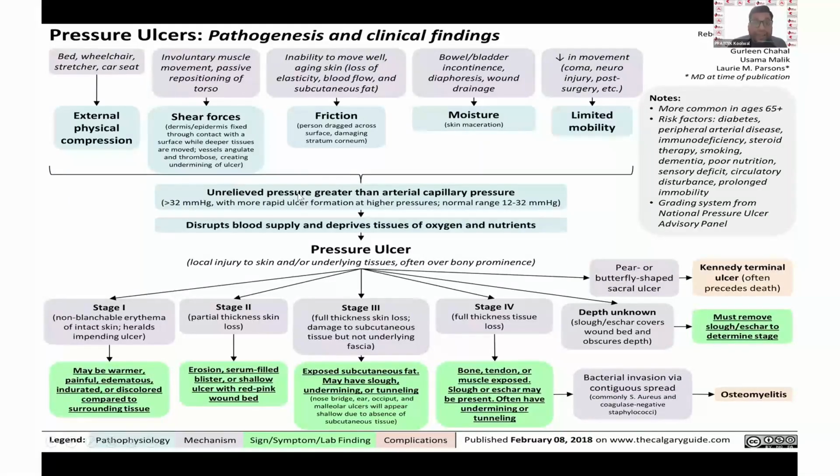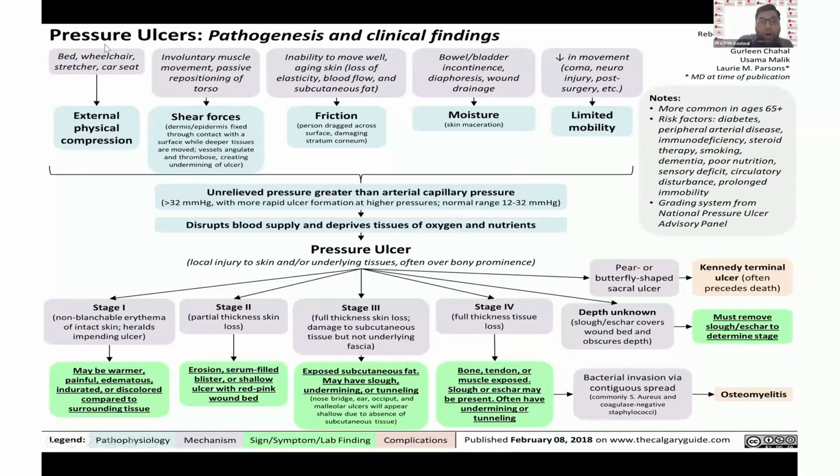unrelieved pressure greater than the arterial capillary pressure. So, the pressure range that you have to keep is 12 to 32 mm Hg on the body surface area. If you keep the pressure more than 32 mm Hg, that is above the arterial pressure, compressing these parts by external physical compression, shear forces, friction, or limited mobility, then this will cause a pressure ulcer.